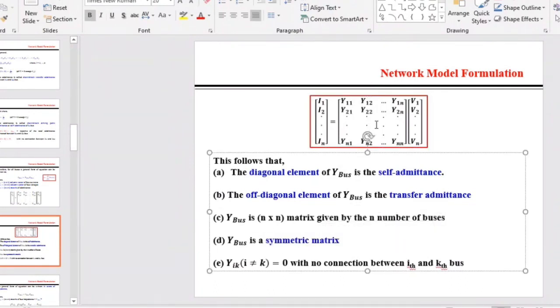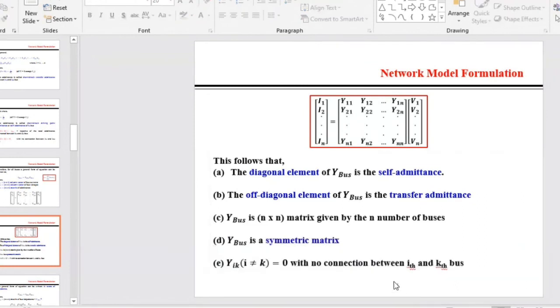And also in this matrix, there will be some cases with values of 0, because there will be no connection between the ith bus and the kth bus. These two properties are very important as well, because they help us reduce the calculation time and the memory capacity required.